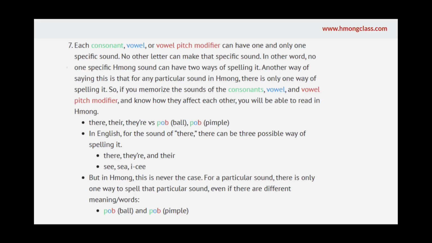They sound the same, but they're spelled differently for some reason. That's the complexity of English, and it also is a blessing if you're trying to learn Hmong. You just need to know how to spell that particular sound, and then you should be able to spell the Hmong word, okay? So again, in Hmong, for a particular sound, there is only one way to spell it, even if there are different meanings, or if the words are different, as in the word ball and ball for ball and pimple.